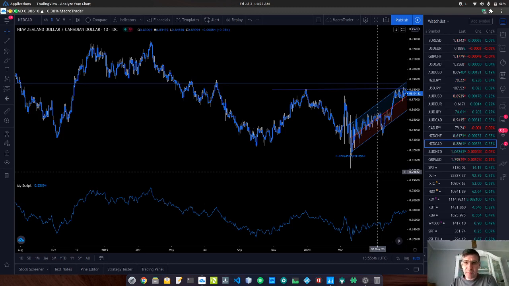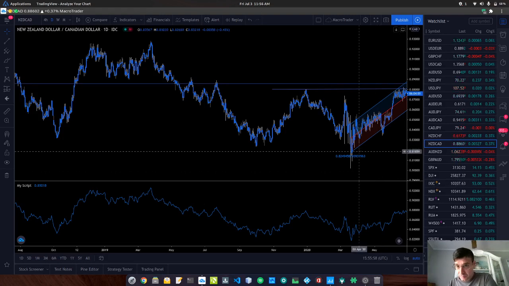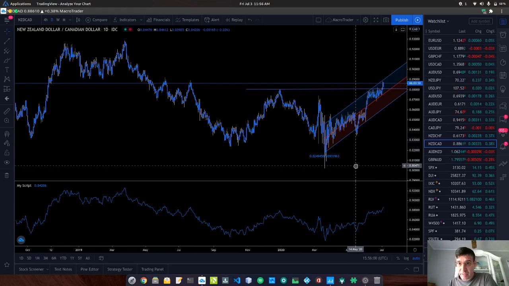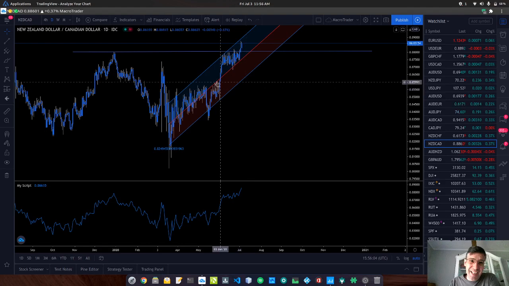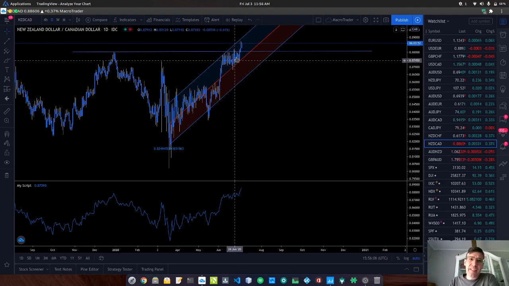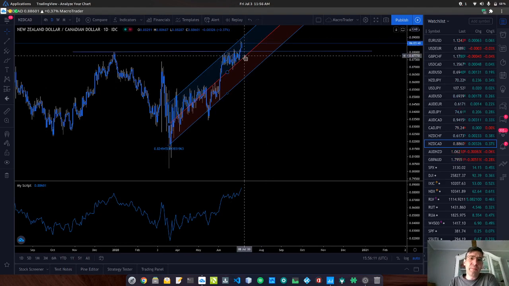But the problem is the fundamental bias was strongly in favor of New Zealand. So I was saying that this channel was going to hold, this regression channel, and in fact it stayed in the upper 2 standard deviations of the mean line.